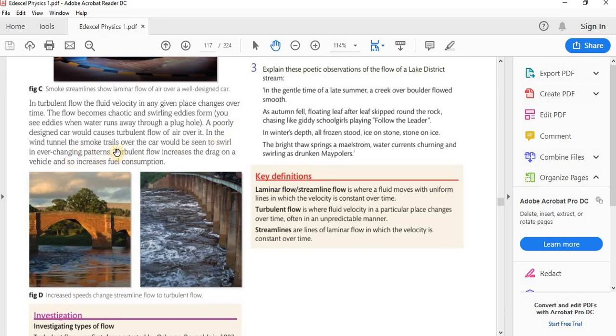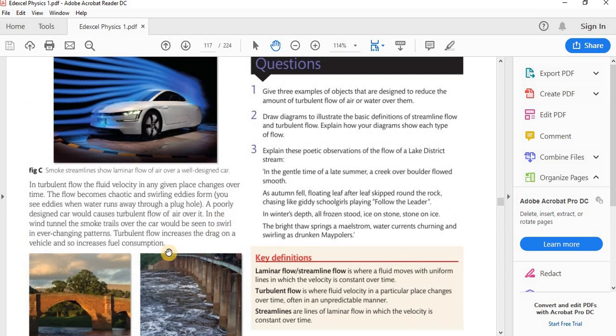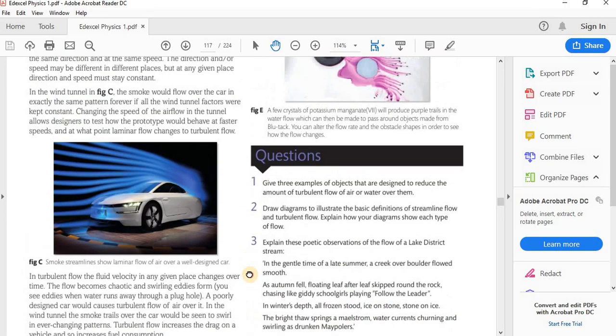In the wind tunnel, the smoke trails over the car would be seen to swirl in ever-changing patterns. Now that is if there was turbulent flow. So maybe somewhere at the back there would be turbulent flow. Turbulent flow increases the drag on a vehicle and so increases fuel consumption.